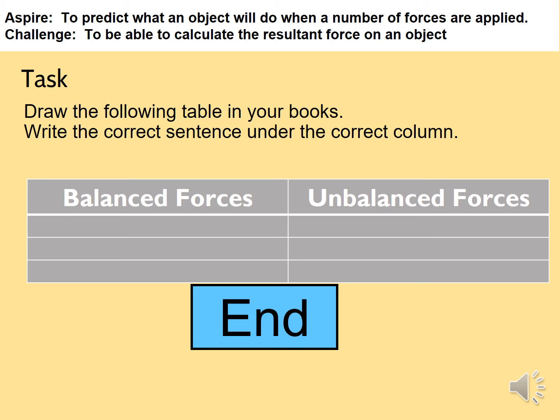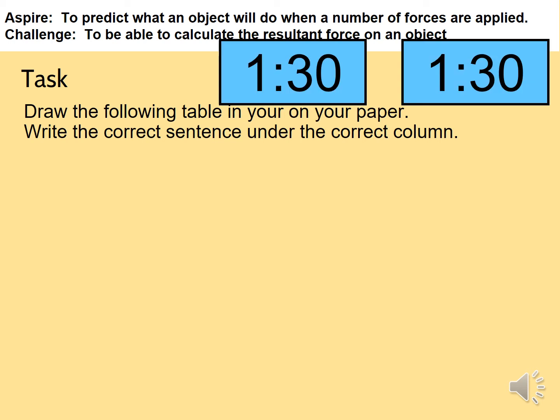Okay, so you've got your table with balanced forces and unbalanced forces on your page. If you haven't, you need to do that now before we move forward. Using your table, I'm now going to give you 3 minutes to write the following statements into the correct column.